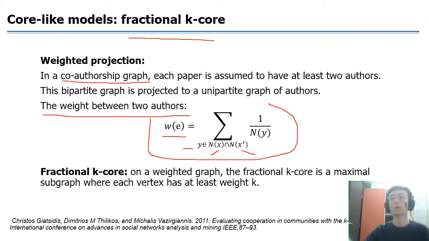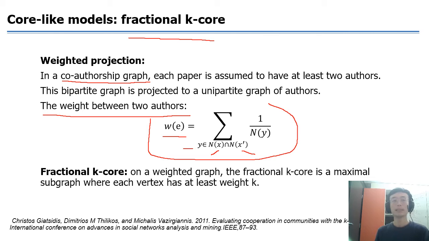Using such a model, we can adapt the k-core decomposition algorithm for this weighted network to detect the hierarchy of the authors, and also we can find the dense regions if we apply the k-core algorithm.